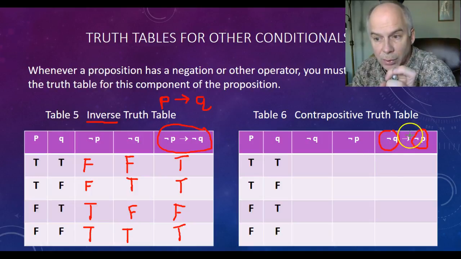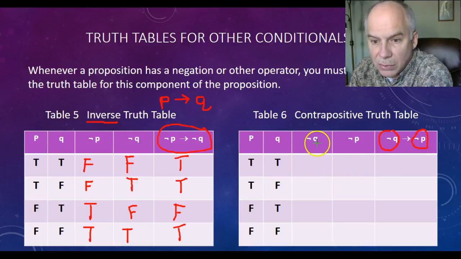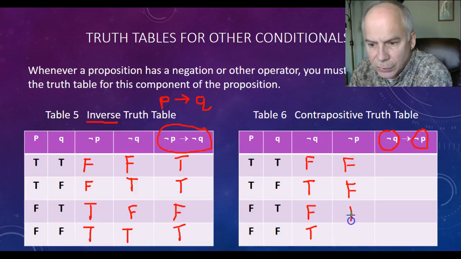So that's why the order is not Q implies not P. In the case of not Q, we're going to do the negation of the Q column, so false, true, false, true. And then we'll do the negation of the P column. So instead of true, true, false, false, we'll have false, false, true, true.